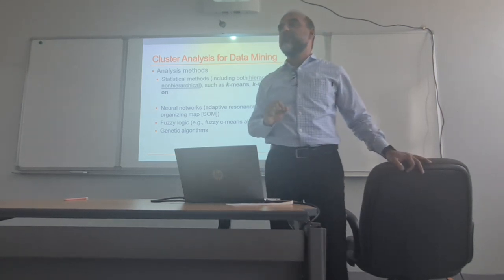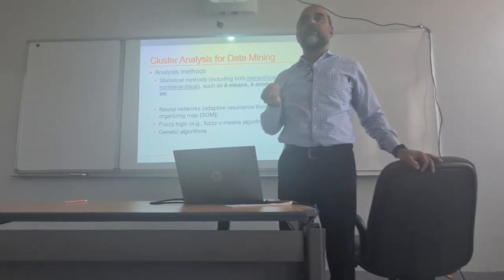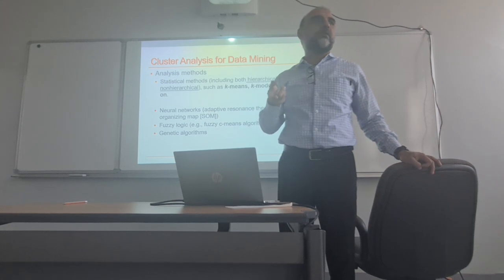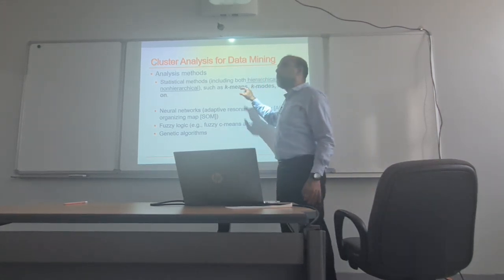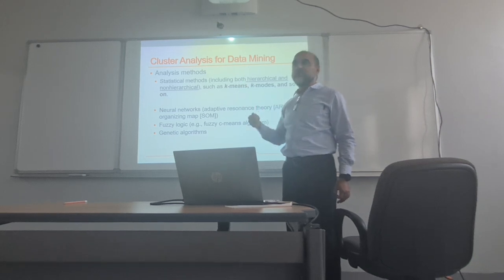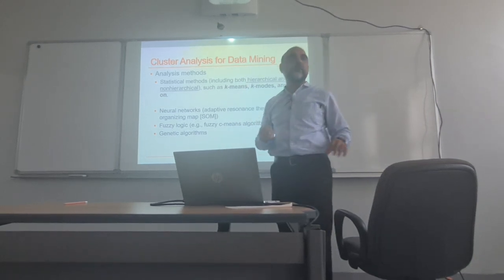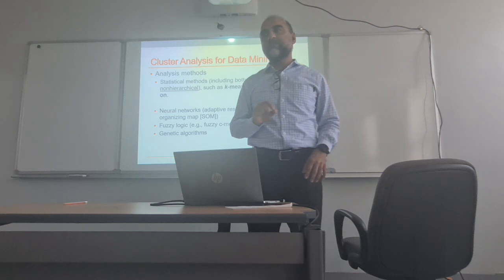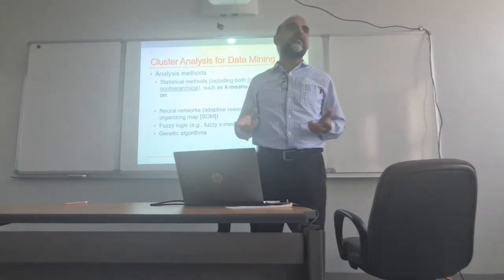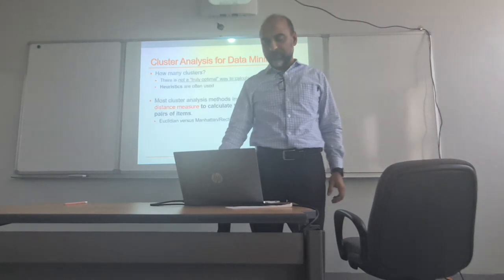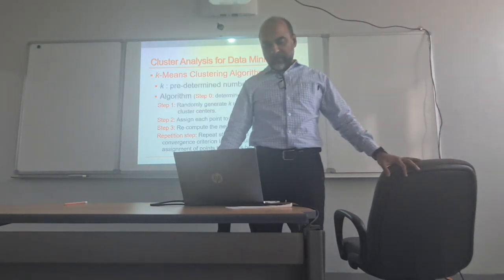Which one would you like to use? One answer is you have to compare. The second answer is that there are certain techniques which are more suitable for certain things. Like k-means, general grouping, but not good for outliers. People at least know that. For outlier detection, there's another algorithm called DBSCAN. So people use that.